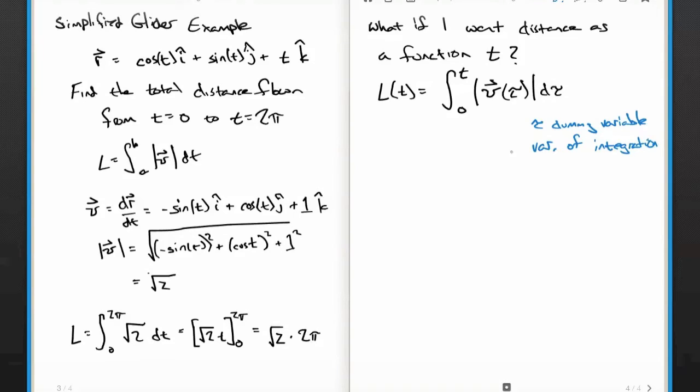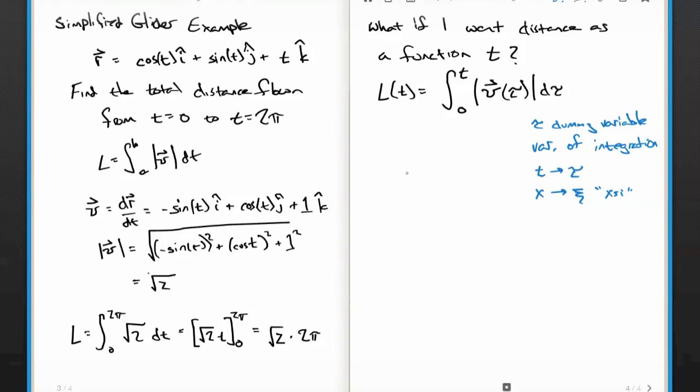Oftentimes, if t is the variable we're interested in but we can't use it, we'll change it to tau. Another one you'll see is x; if we can't use x, the similar Greek letter is xi. So these are variables of integration, if we've already used the variable we want.